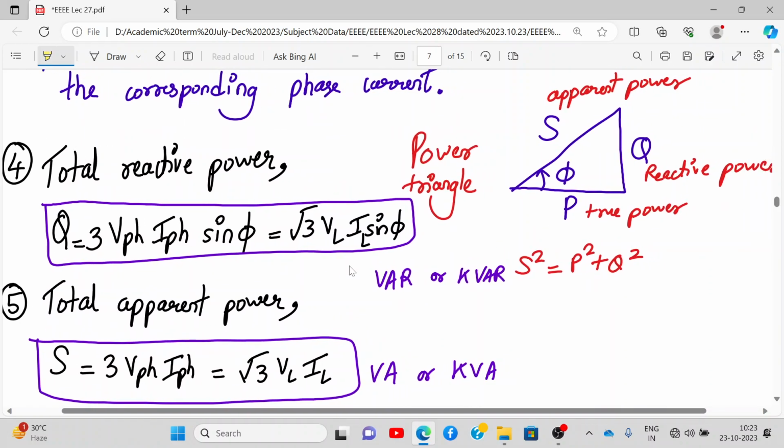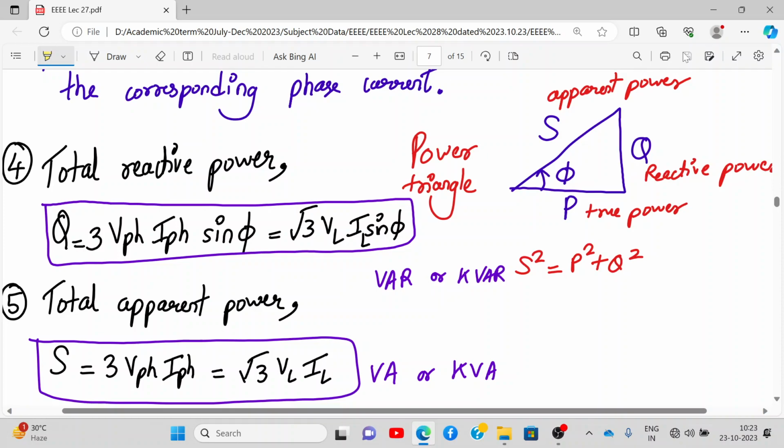And finally, draw the power triangle. You know S, Q and P? S is the apparent power, Q is the reactive power, P is the active power. And the units, so please write them down. Note it down. Completed?